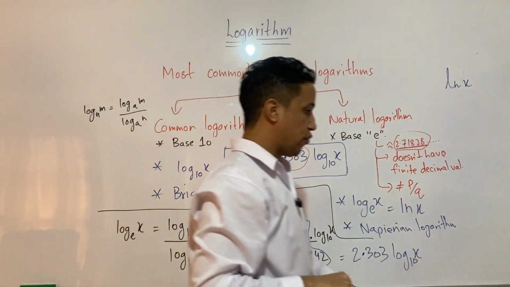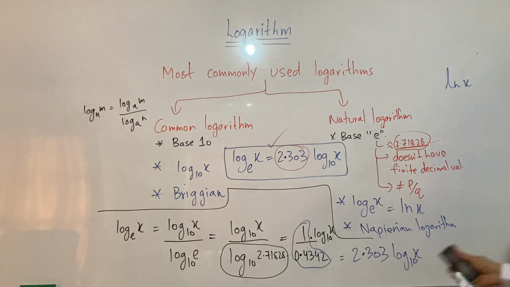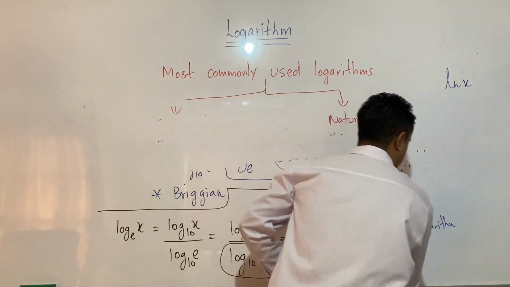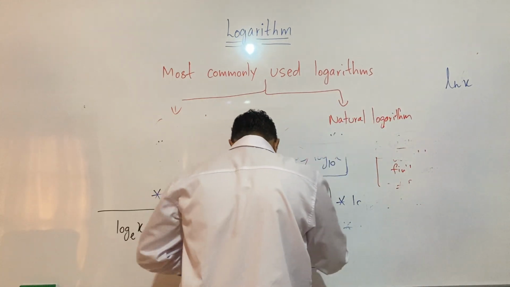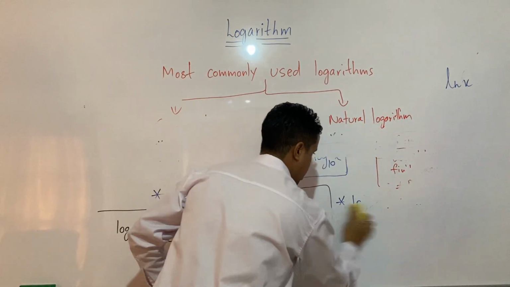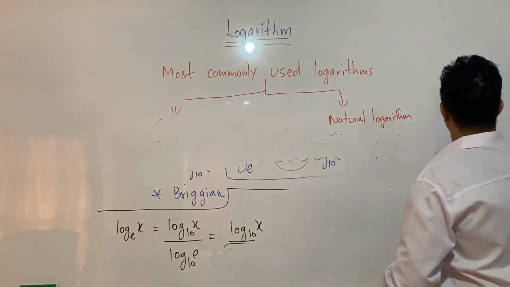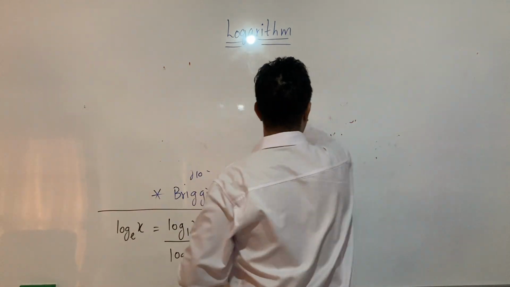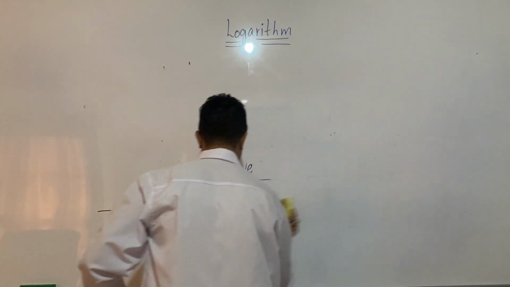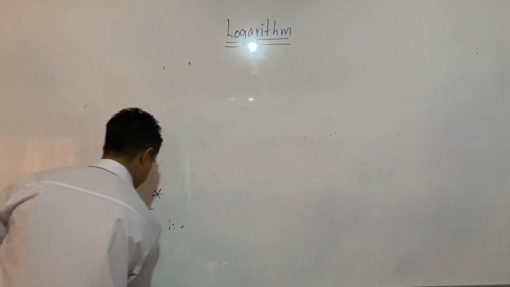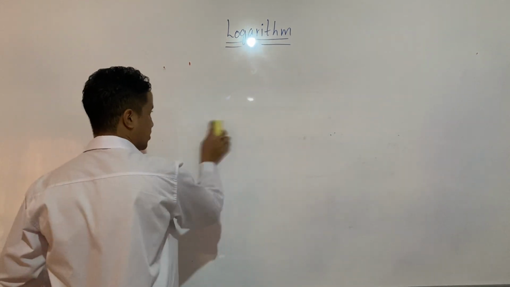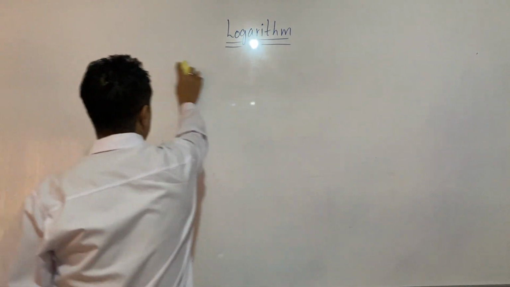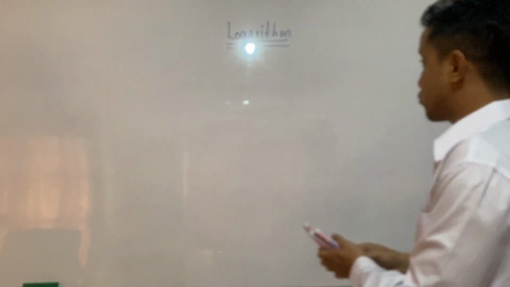Okay, now we will go ahead with the next important topic, and the next important topic is characteristics and Mantissa. Okay, the next important topic that we are going to learn is characteristics and Mantissa. So I'm going to write the name.